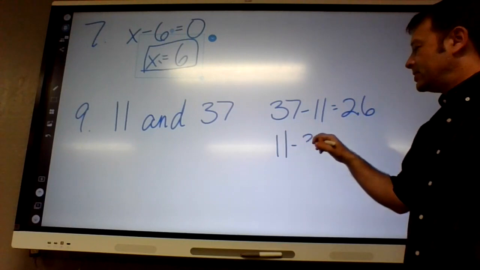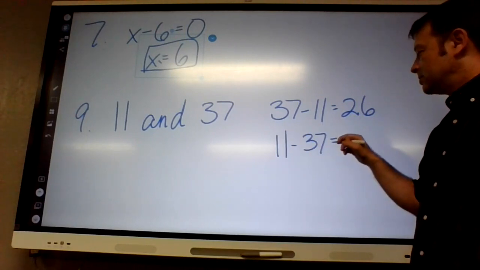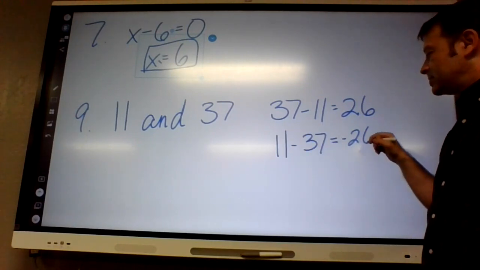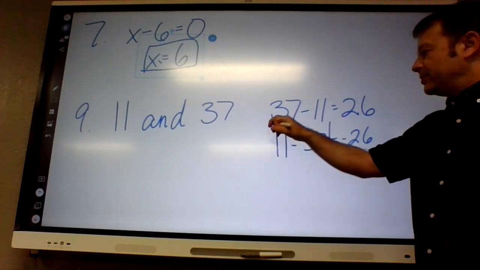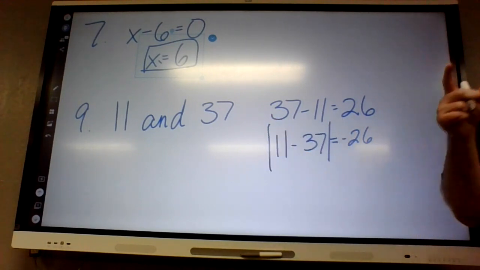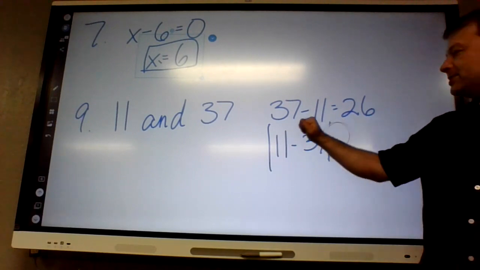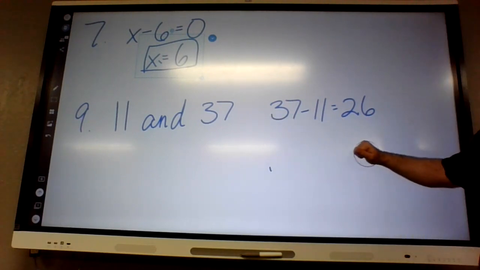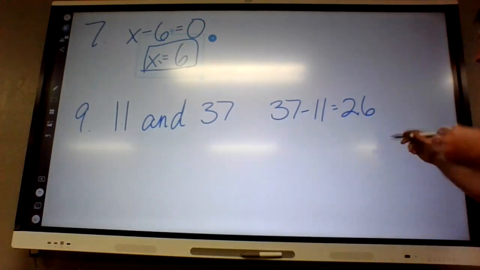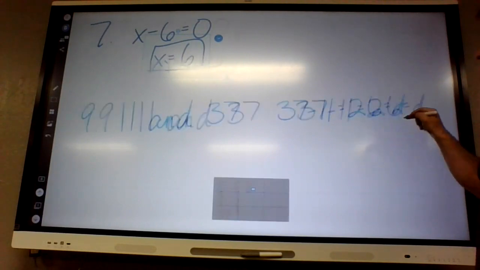If I did 11 minus 37? Negative 26. So the reason they're throwing this in here is because you subtract and just use the absolute value. You make it positive. There are no negative distances. So the distance is just 26. I'll put equals D for the distance.